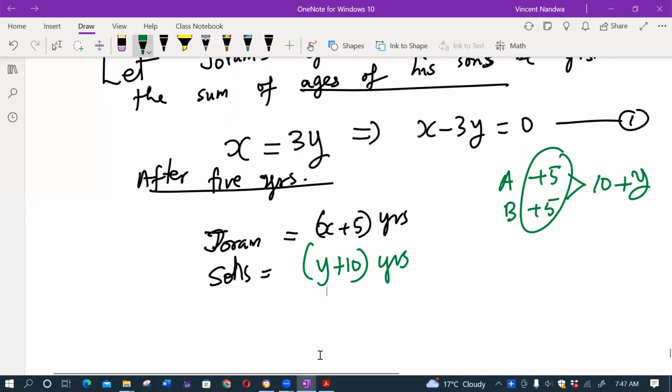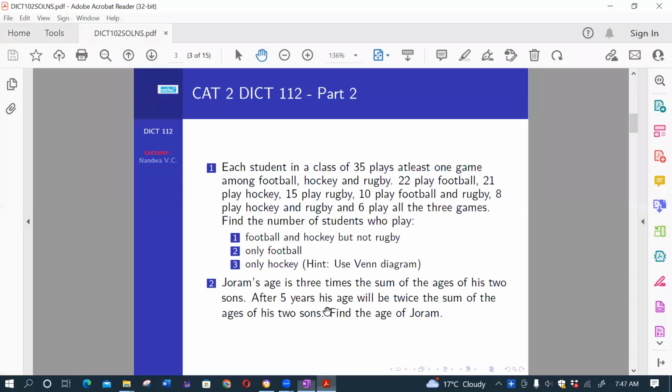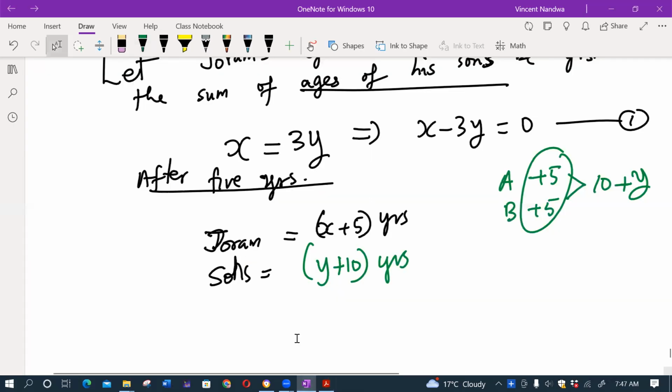After 5 years, the relationship among the ages of Joram and his two sons is that his age will be twice the sum of the ages of his two sons. So X plus 5 will be twice Y plus 10.